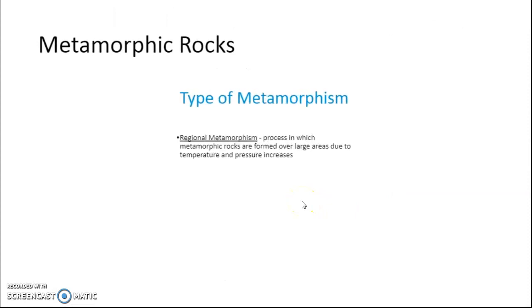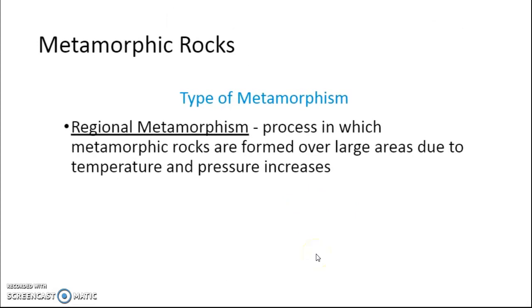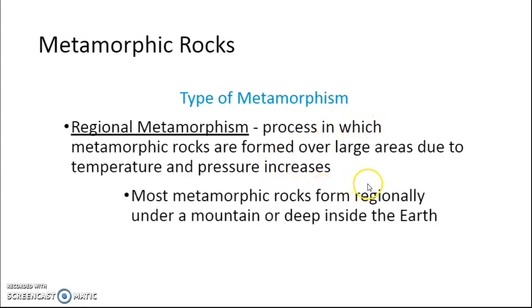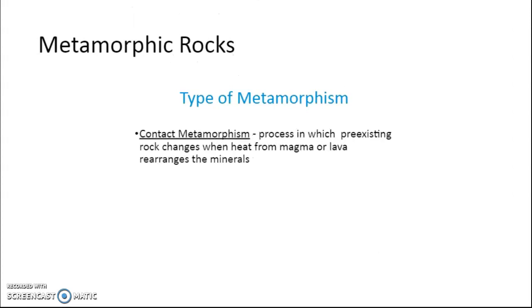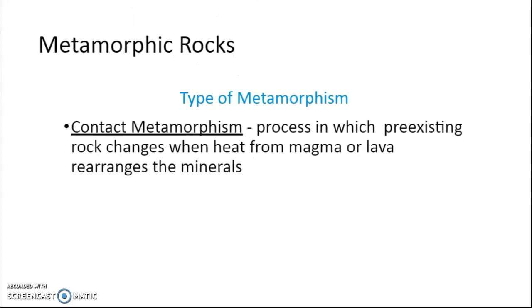How metamorphism happens: we have what's called regional metamorphism, where metamorphic rock is formed over large areas due to temperature and pressure increases. Most of these rocks are formed under a mountain or deep inside the earth. Or we have contact metamorphism, where the pre-existing rock changes when heat from lava or magma changes those minerals around.